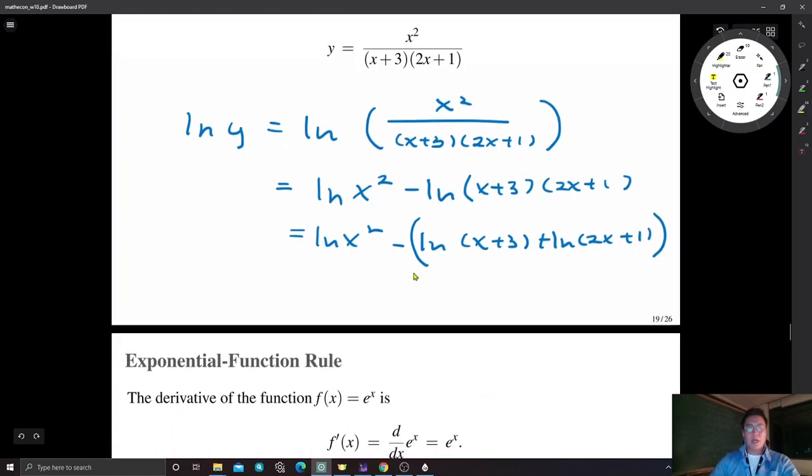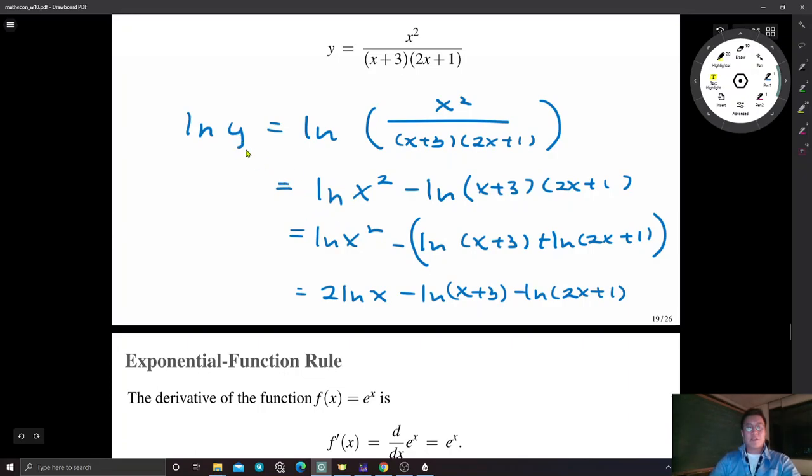Alright, so I can rewrite the first term using the power, so bring out this power 2, so 2 ln x, and distributing this negative sign, minus ln x plus 3 and minus ln 2x plus 1.